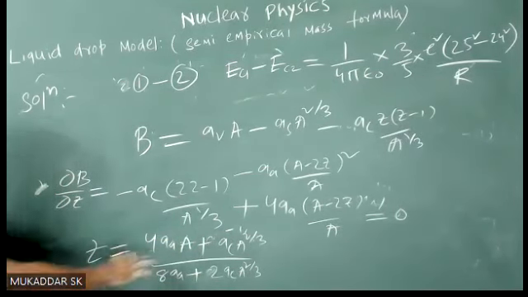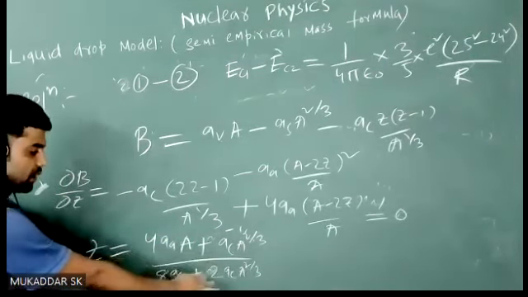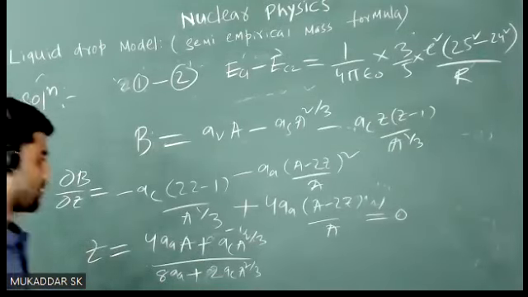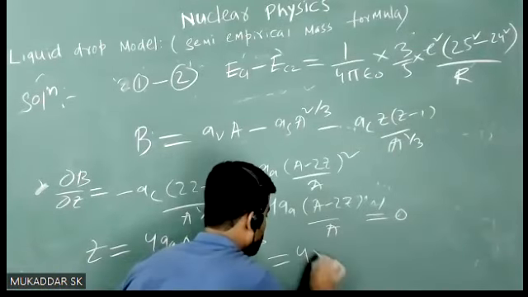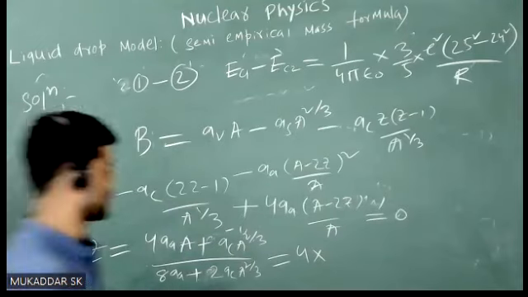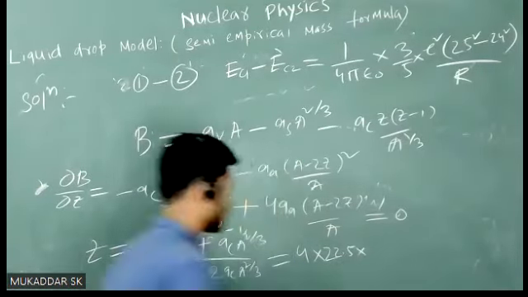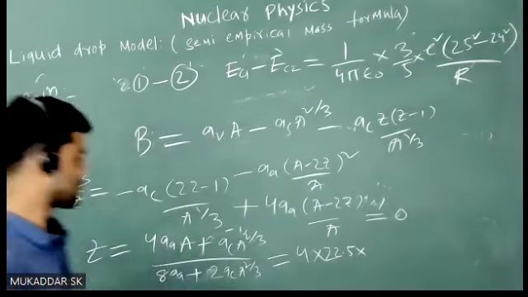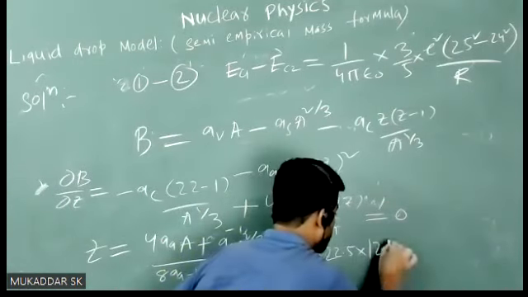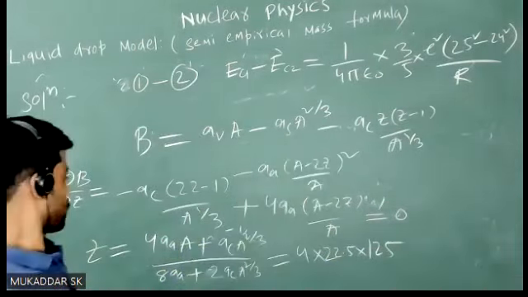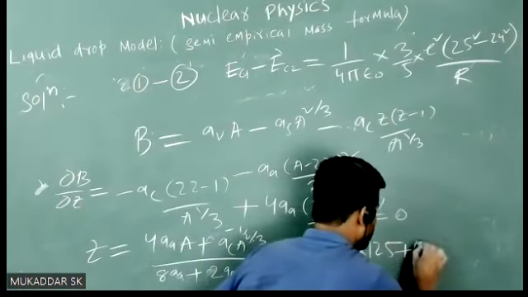Okay, now you know the values of a_A, capital A, AC, everything, right? So we substitute. For a_A, how much was given? 22.5, right? Then the mass number given was 125. Then the Coulomb coefficient was 0.7, right?